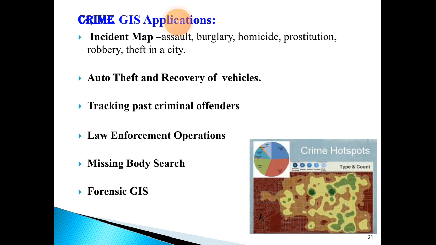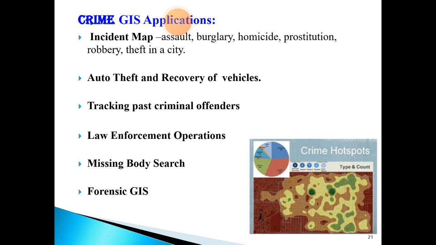Next is GIS finds its application in monitoring the crime. GIS is used to map an incident of crime, such as assaults, burglary, then robbery, theft, prostitution, etc. The technology is also used to recover the vehicles and auto theft.